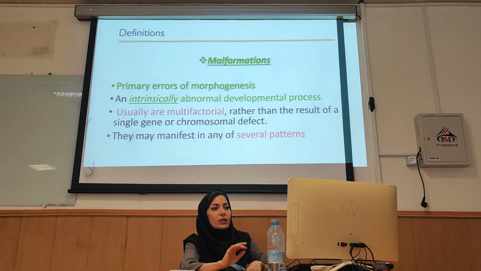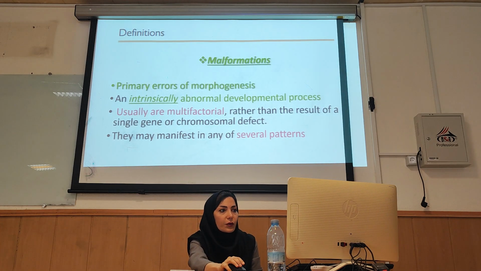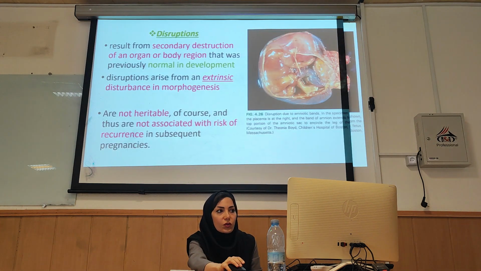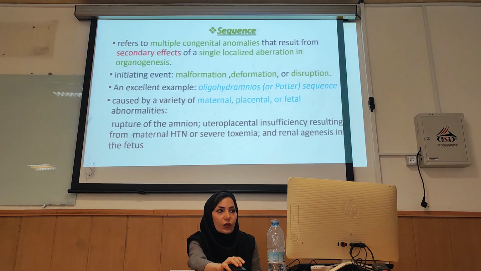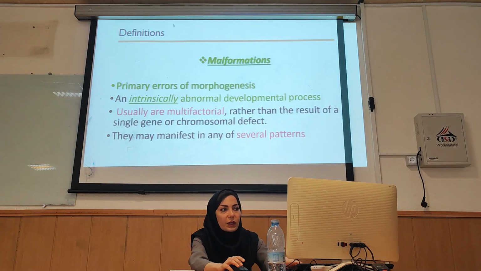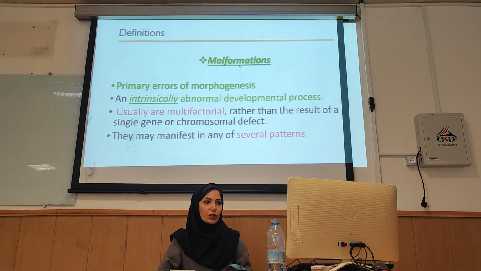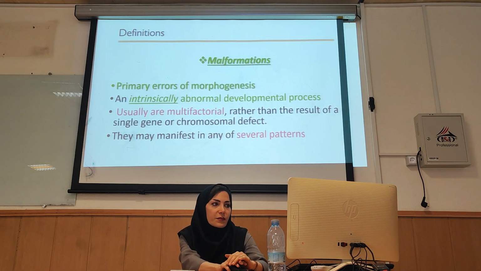Congenital anomalies include some subtitles: malformations, disruptions, deformations, and sequence. All of them are congenital anomalies. What does malformation mean? A primary error of morphogenesis means malformation.